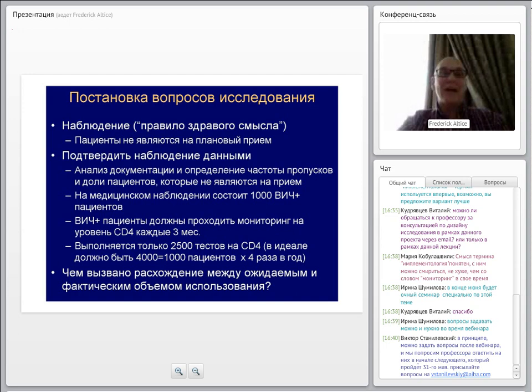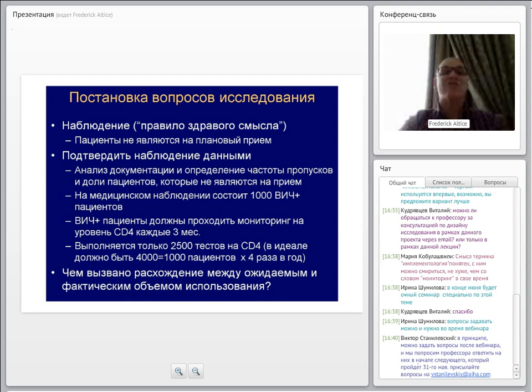So what you might do, as an example, is review the clinic schedule to determine the frequency and the proportion of patients that don't return. Let me give you an example. If you happen to have an HIV clinic and you have registered within your HIV clinic 1,000 patients, well, we know that the recommendation for monitoring them is to have a CD4 cell count monitored every 3 months.